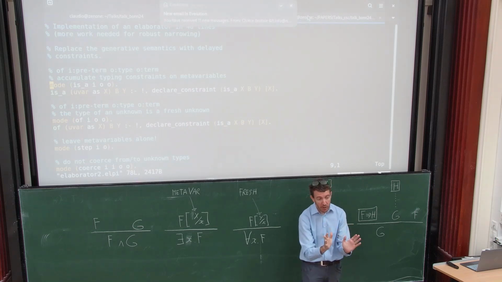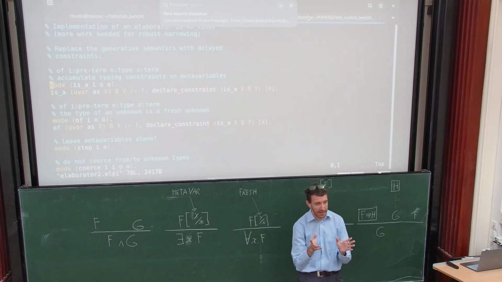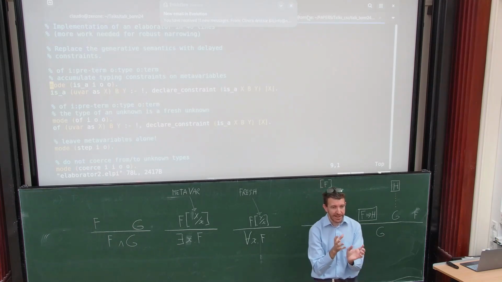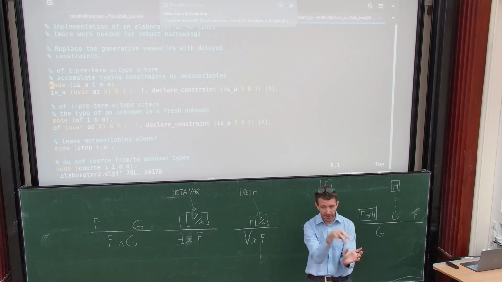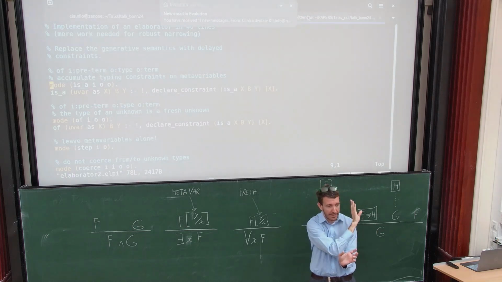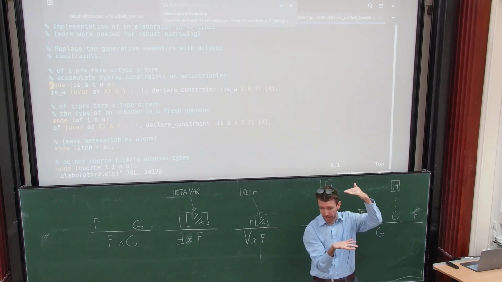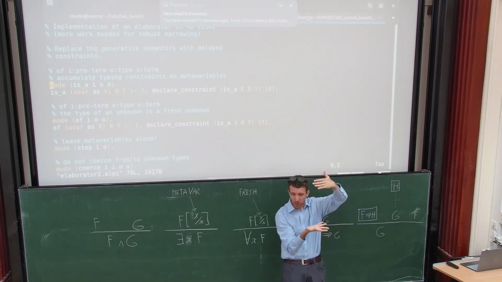And this is recorded. So the system stops and adds this constraint to the set of constraints. It is a typing constraint. It means the thing that I will put in place of the meta variable must have this type and can use some variables, and I've added to my context the fact that these variables have certain types. This is a sequent. This is a goal. The goal you see in a proof assistant, with the hypotheses and the conclusion, is exactly the typing constraint.